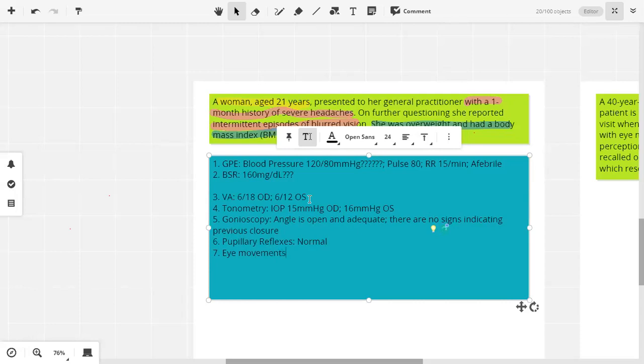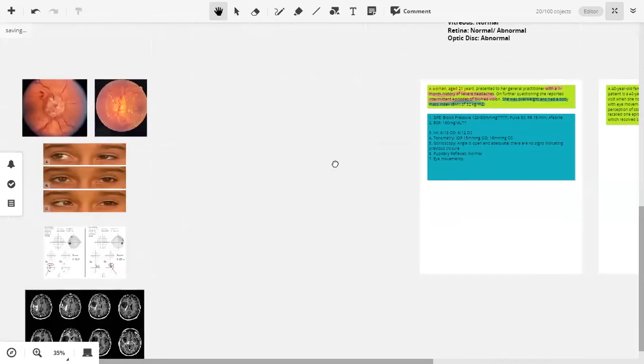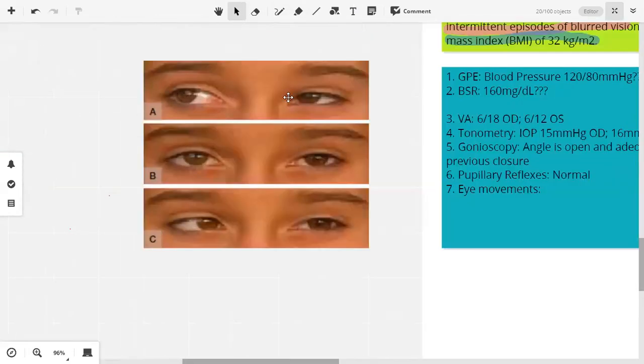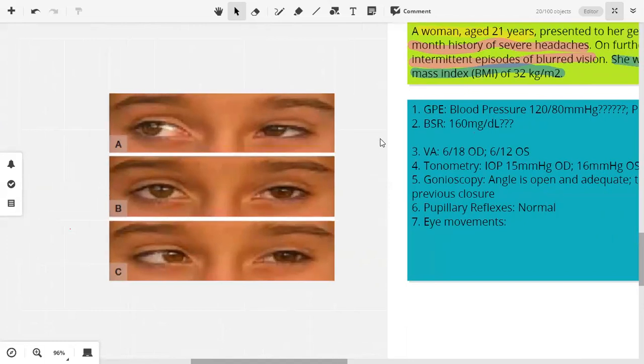It will be a little mental exercise, it may be a little long. Focus on this. I hope you learn great things. So when you perform eye movements of this patient, this is what you see. Which nerve palsy is this, and on which side? Left.